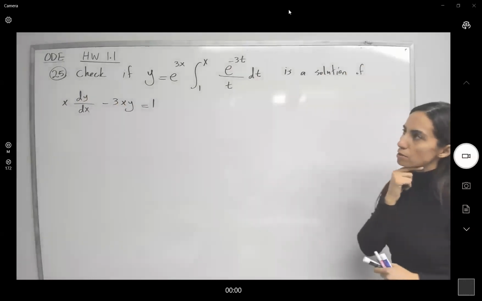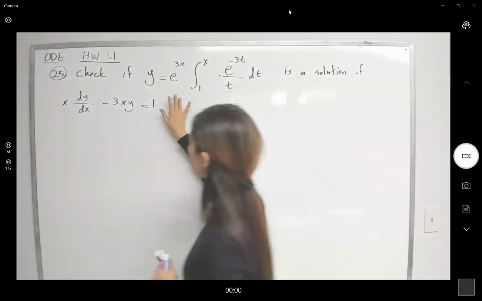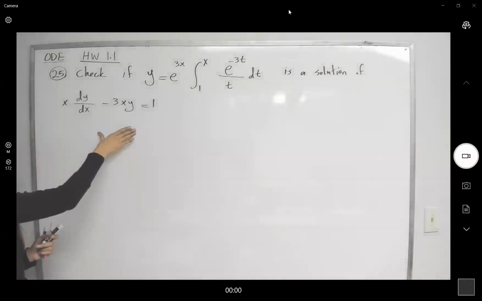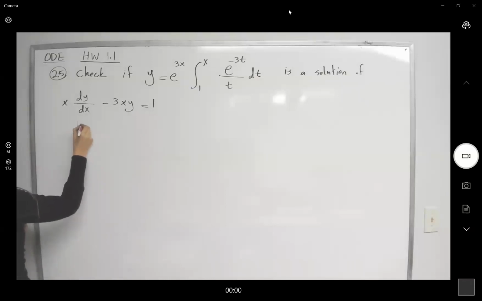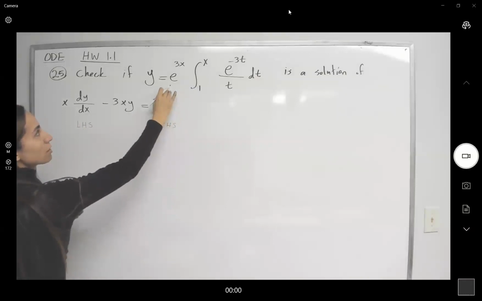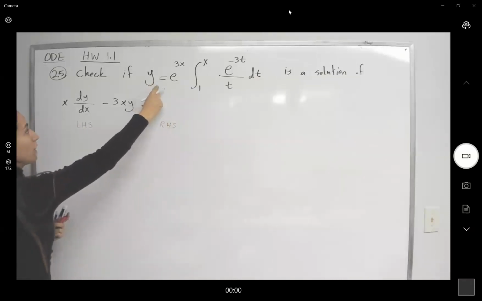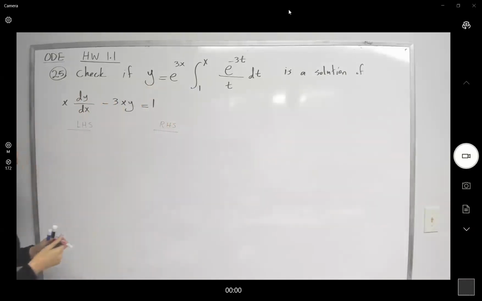So this is the possible solution that we have, and we need to verify that it satisfies this equation. We have the left-hand side and the right-hand side. We need to plug this y and its derivative into the left-hand side, and the right-hand side is just a constant.